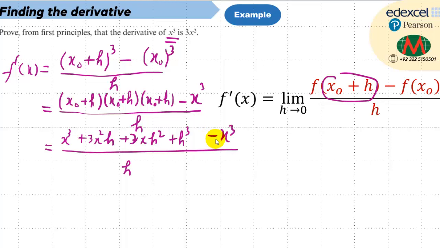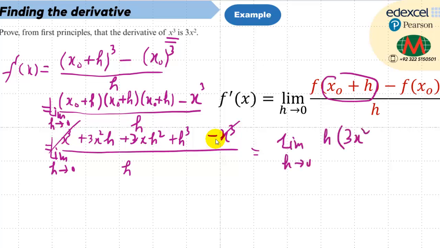Now you observe this x cube, and this will be cancelled out. And okay, there is a limit here as well, limit h tends to 0. I haven't put the limit over here as well, so do put h tends to 0. Now look at the rest of the expression, this h is common. Let me take h common from here, with limit h tends to 0.